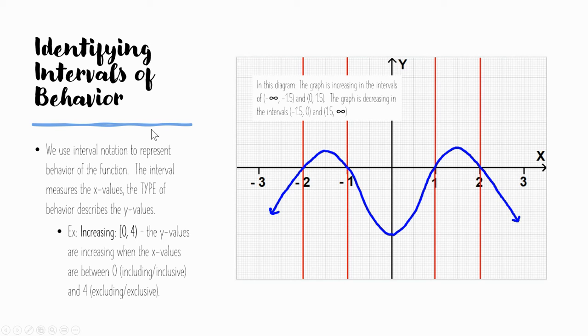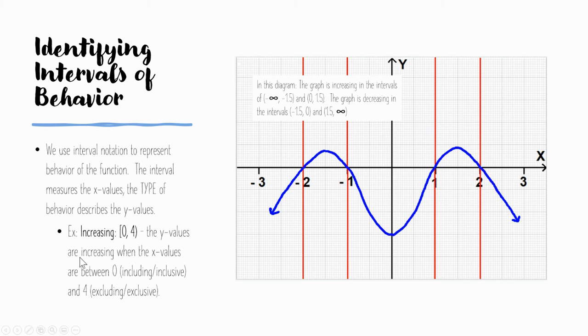If I go here, it says we use interval notation to represent behavior of a function. The interval measures the x values. The type of behavior describes the y values. So here's my example. It says increasing. That is describing the type of behavior of the y values. And then the interval is from 0 to 4.